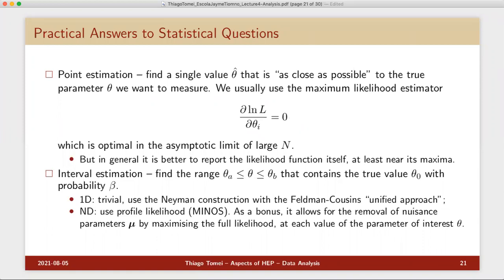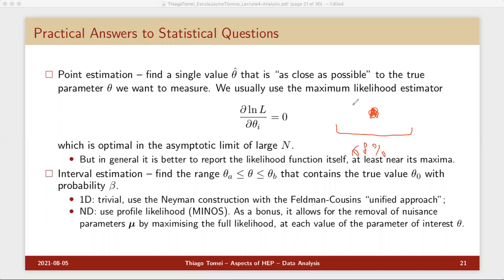But then you want to have an uncertainty, right? You want to say, oh, there is a 68%, so 1 sigma, probability that the mass of the electron lies in between this and that. This is easy in one dimension because there is a prescription called Neyman construction with the Feldman-Cousins unified approach, which is essentially one algorithm that tells you how to do it.